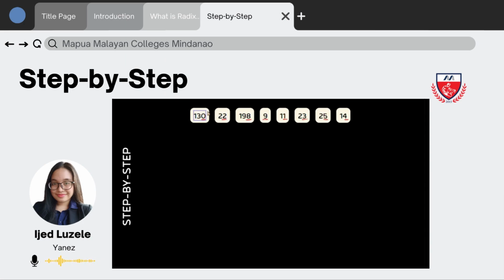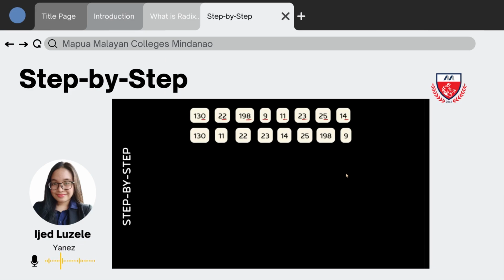Starting from 0, so let's copy 130, and then next 1, so 11, next is 2, so 22, then 3, 23, then 4, 14, 5, 25, 8, 198, and last 9. So this would be our first pass.